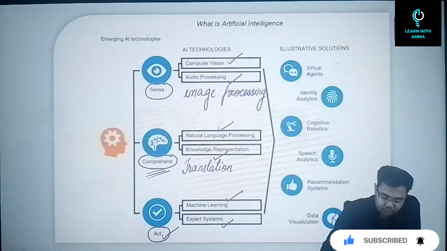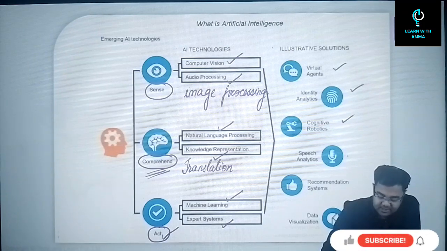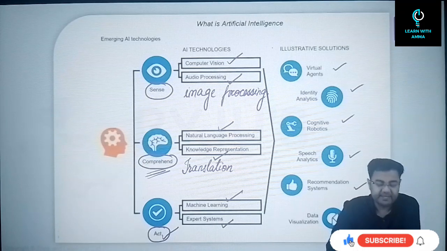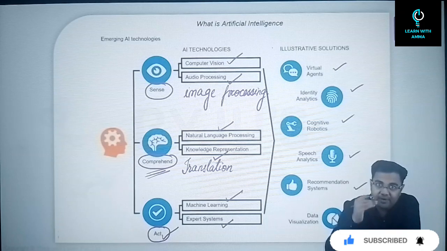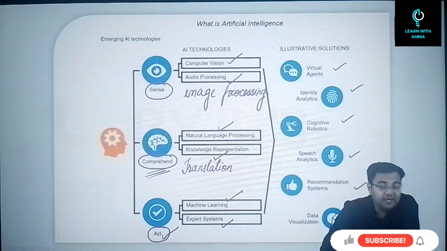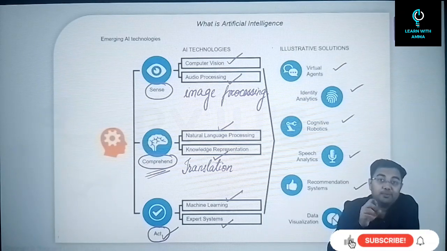So as you can see, there are various examples that we can take. All these are just examples, and there is no dearth of examples that we have today. Let's say a question in the prelims examination comes, consider the following statements. There are 5 activities given, and you are asked which of the following can be performed using artificial intelligence.